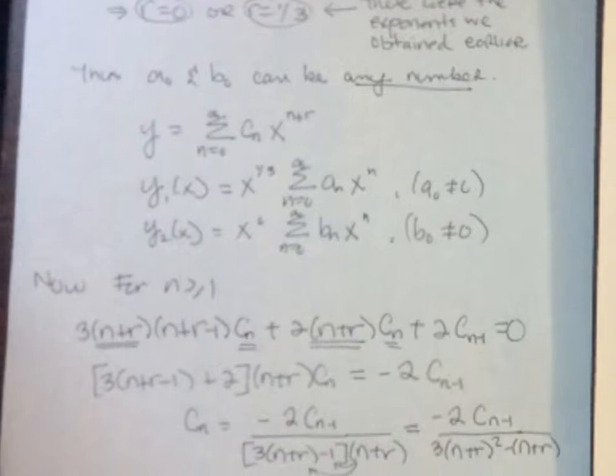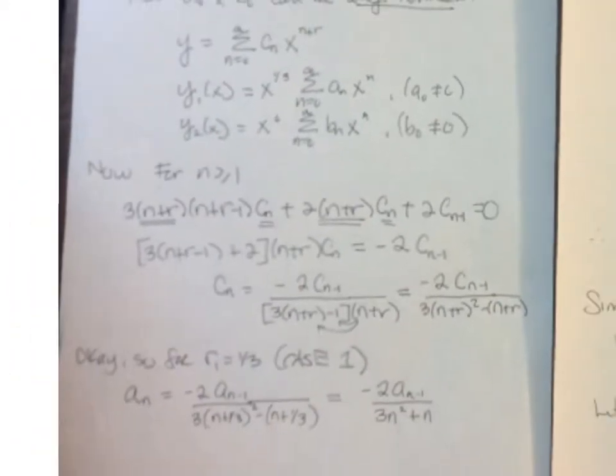Now there's going to be two cases here. We have where our index starts at 0 and then everything after, n at least 1. So if n is at least 1, then I have this. This is really the summation here, and from the last video, you'll see this term.